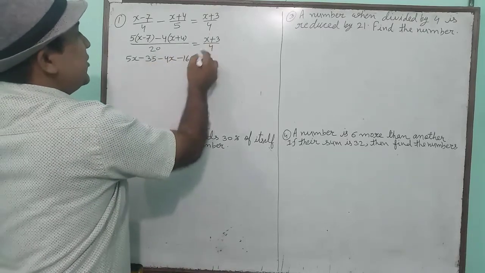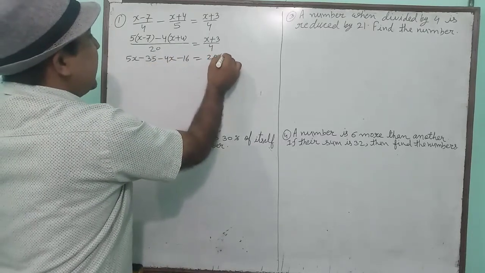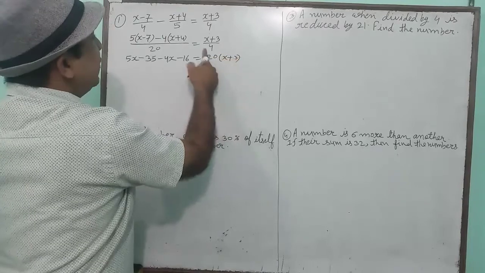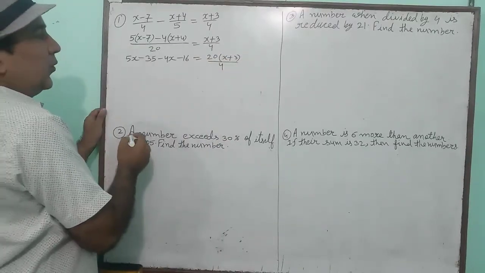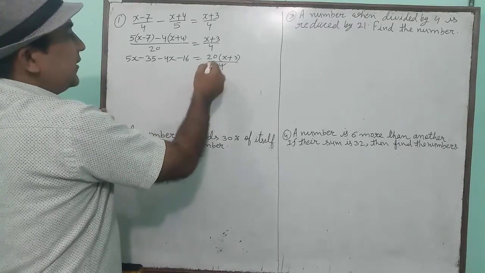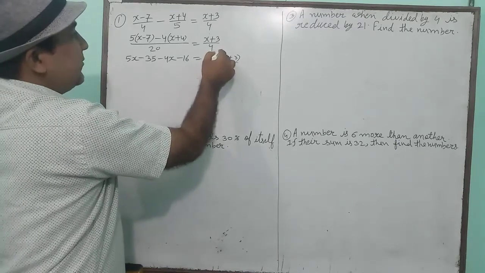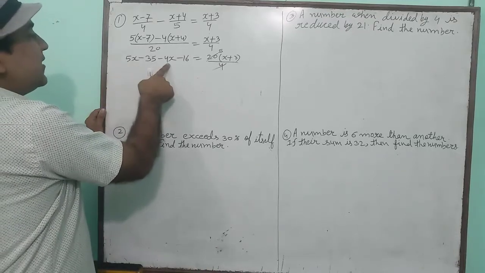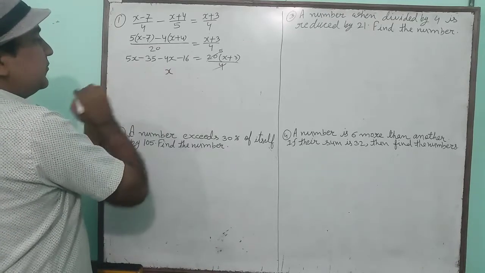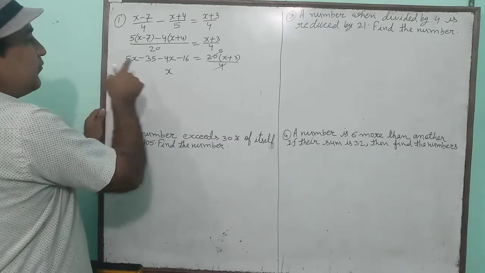This 20 will be cross multiplied to the right hand side. Then 20 will be multiplied by x plus 3 and then upon 4. You can see that this 4 can divide 20 by 5 times. Now here 5x minus 4x, x is remaining.